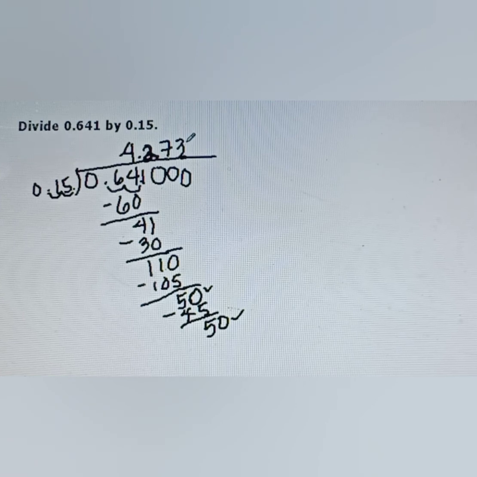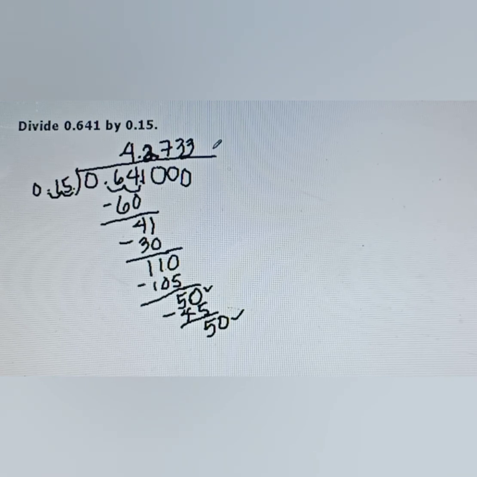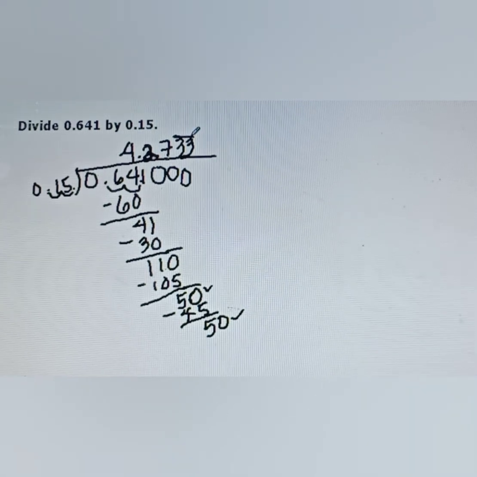So what do we do if the digit in the quotient, or the answer here, will repeat? We cannot continue because there is no end. So you just simply put a bar, a simple line on top of the digit. Since the 3 will repeat, just put a bar. The bar will tell you that the digit 3 here will repeat. There is no end.